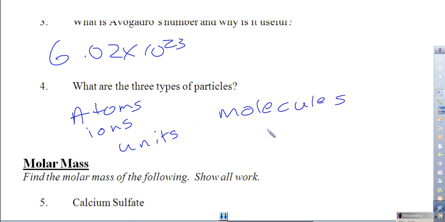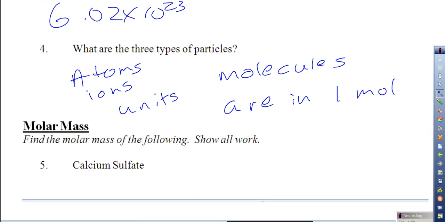Anyway, it tells you how many atoms, ions, molecules are in 1 mole. That's what I was trying to explain. It's answering 2 questions in 1 answer. All right. Any other questions? All right. So that's the nice little fluffy theory side done.